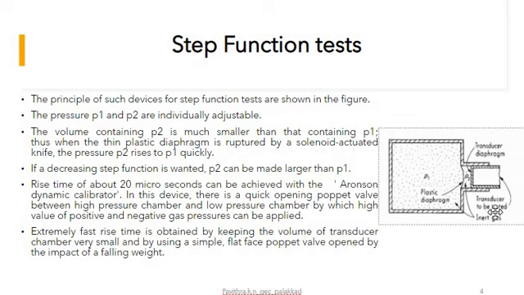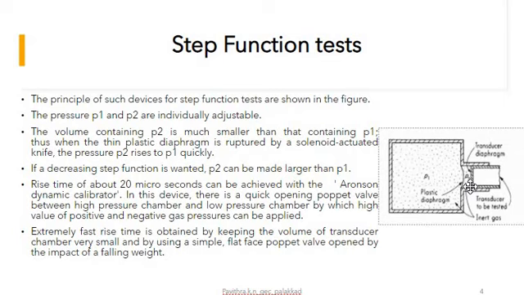Thus, when the thin plastic diaphragm is ruptured by the solenoid actuated knife, that is this one, then the pressure P2 in this small volume will rise to pressure P1 quickly. When this plastic diaphragm ruptures, P2 will increase to P1. If a decreasing step function is needed, then P2 can be made larger than P1.